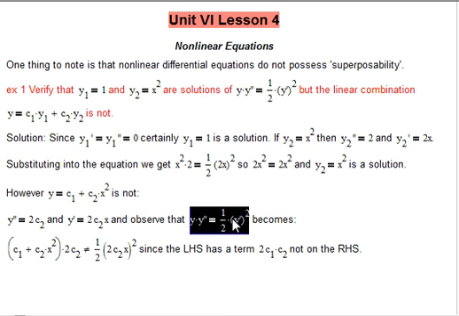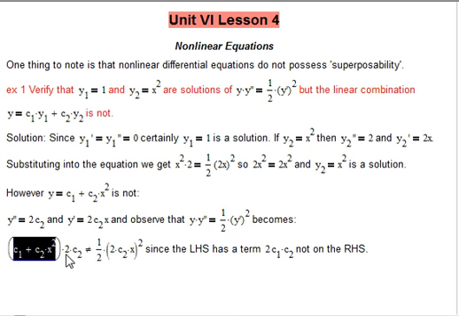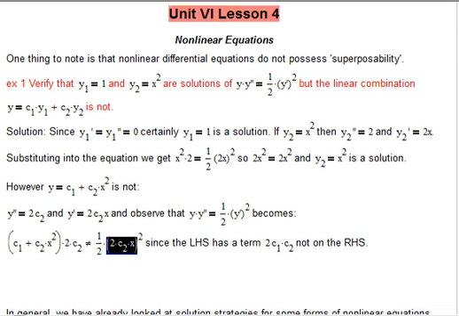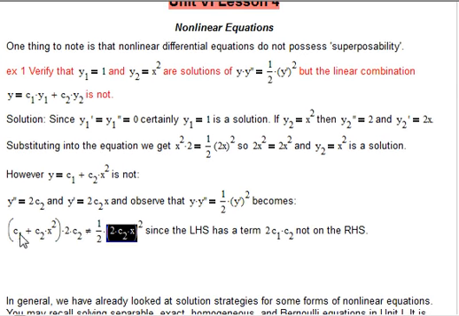And if we plug that into our equation, it becomes y double prime equals 1/2 of y prime squared. And if you check on this side, we're going to have a term with a c1 times 2c2 in it. That term is not going to appear on the right side at all.